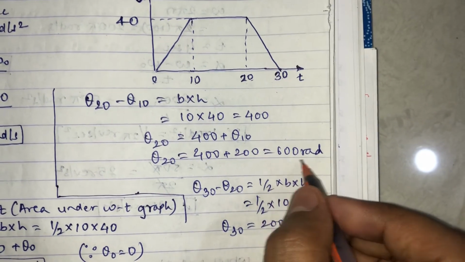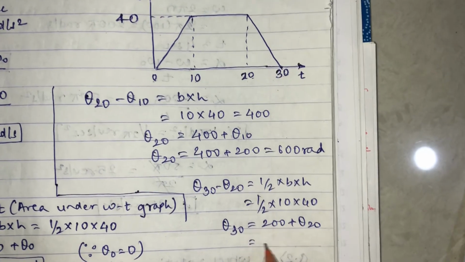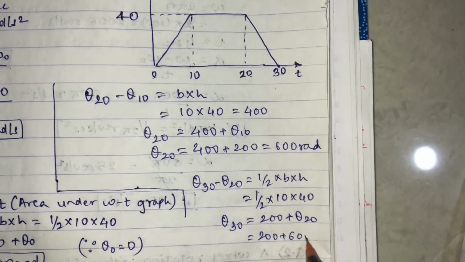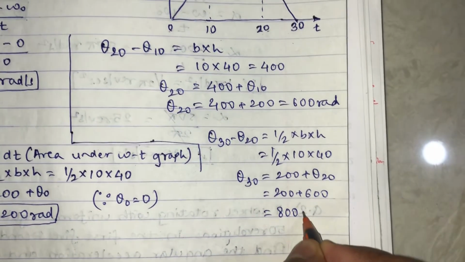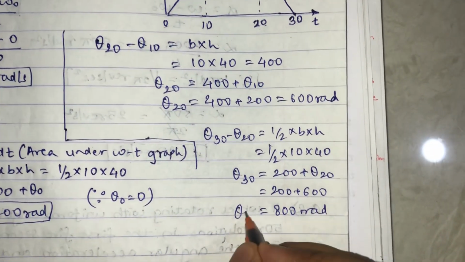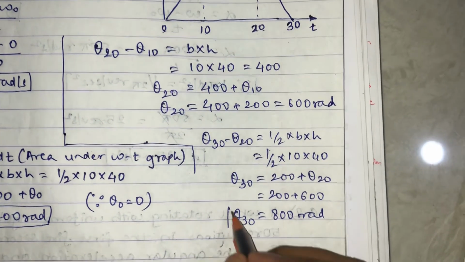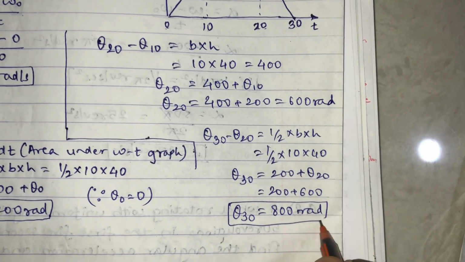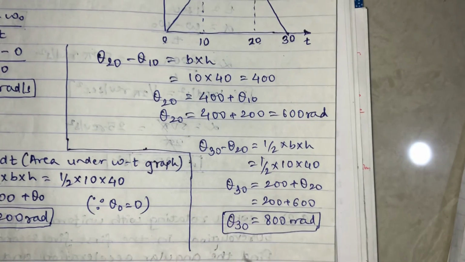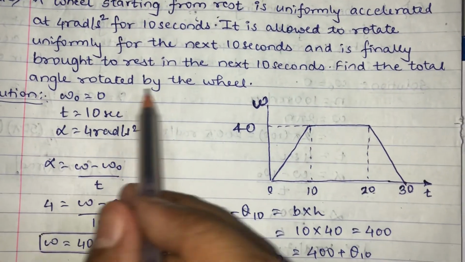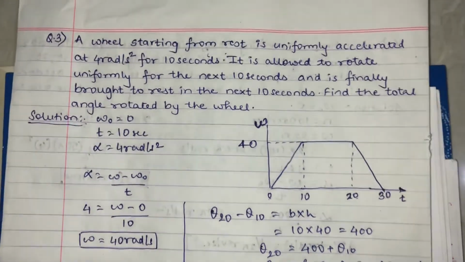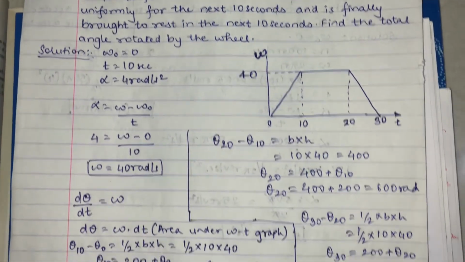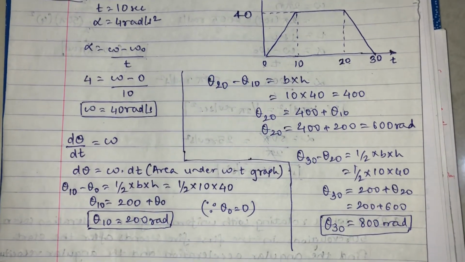What is theta 20? 600. So 200 plus 600 gives me 800 radian, and that is theta 30. So theta 30 equals 800 radian, and this is the total angle rotated by the wheel. With this, I hope you understood the whole problem. Thank you.